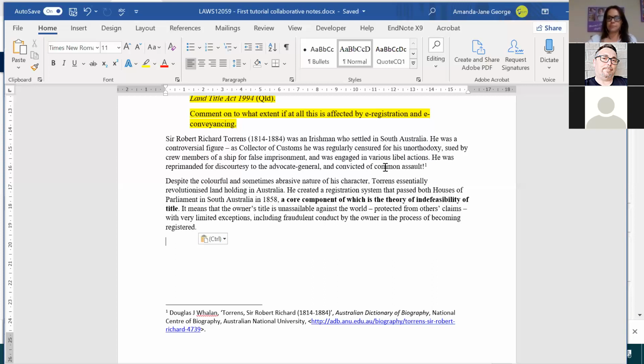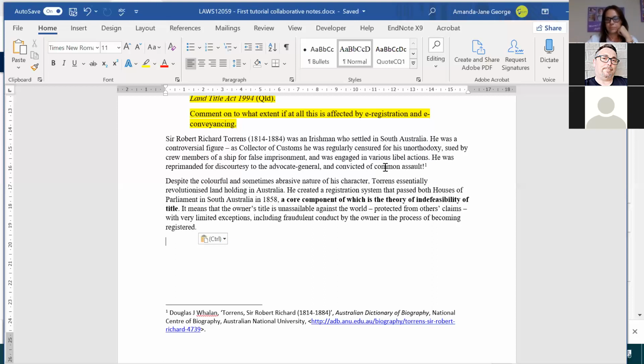In the old system, remember, everything depended on your chain of title, and your chain of title was only as good as the weakest link. If there had been any shenanigans anywhere in any of the previous conveyances of that land, the subject of that title, then you as the purchaser took subject to all of the weaknesses in title, generally speaking.